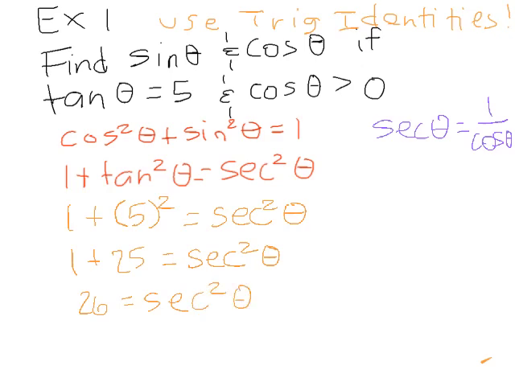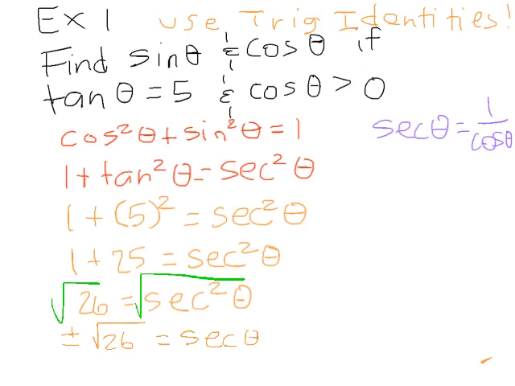Now, what is the secant actually equal to? You take the square root of both sides, and you get plus or minus the square root of 26 is equal to the secant of theta. Remember that one of the things we need to be aware of is that the cosine is greater than 0, and they tell us right here that cosine is greater than 0.